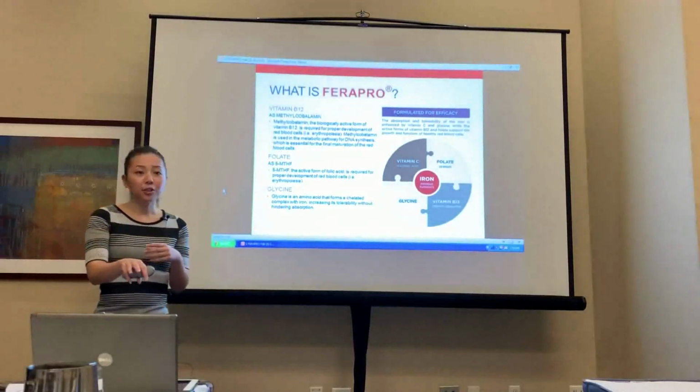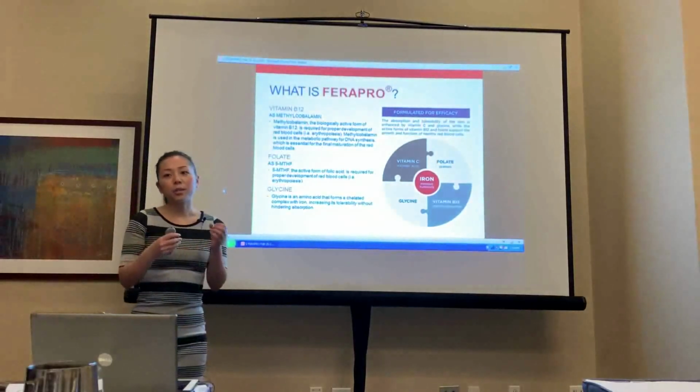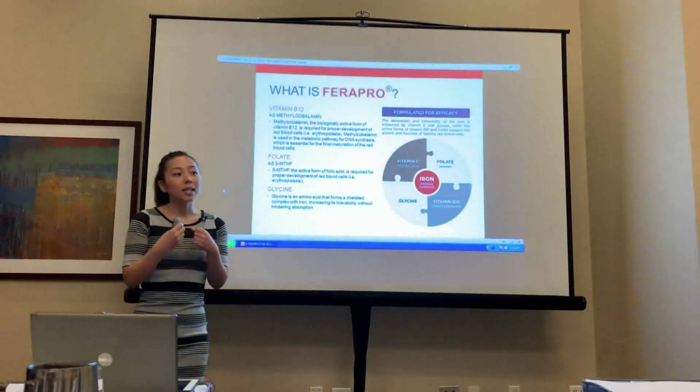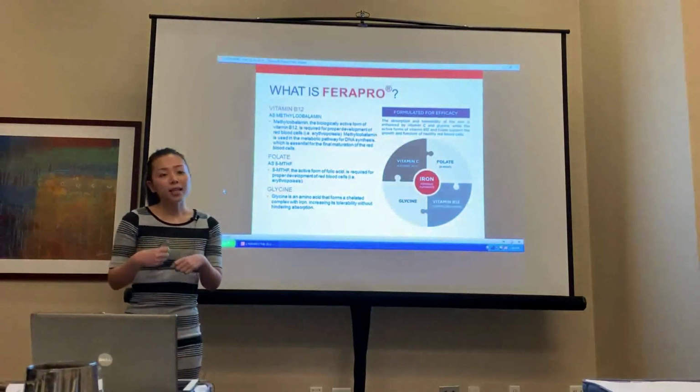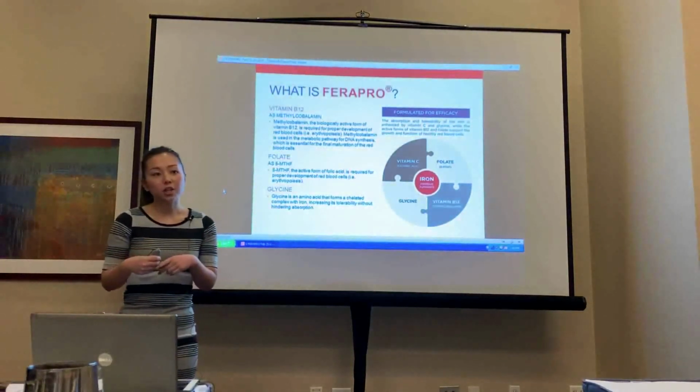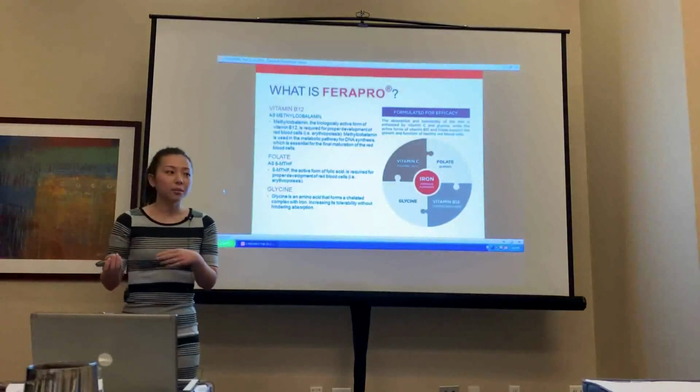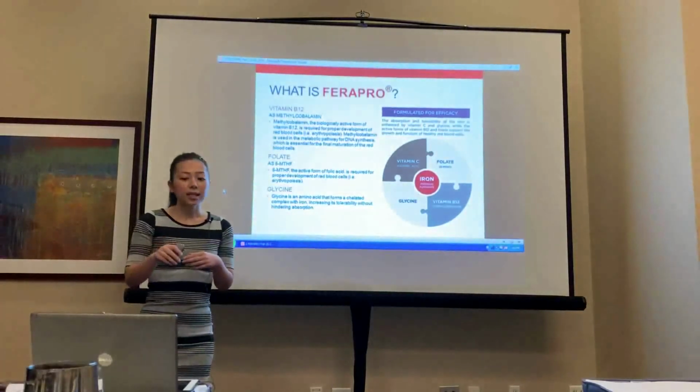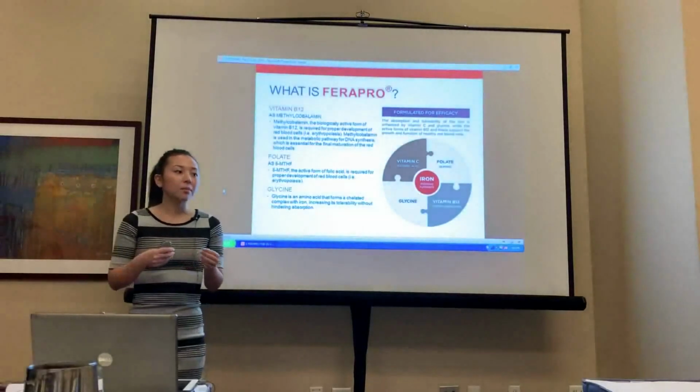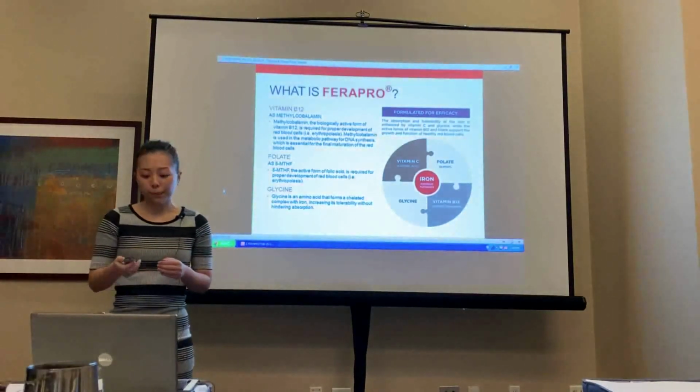Well, we do have literature, in fact, that iron, when it forms a complex with glycine, is much easier on the stomach, less incidence of nausea and constipation without affecting the bioavailability. So glycine is in there to chelate with the iron and make it easier on the stomach.